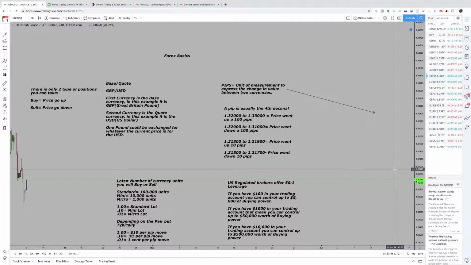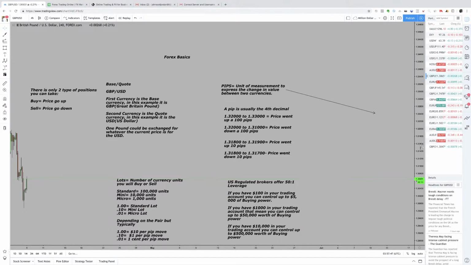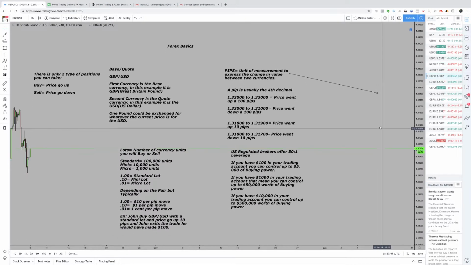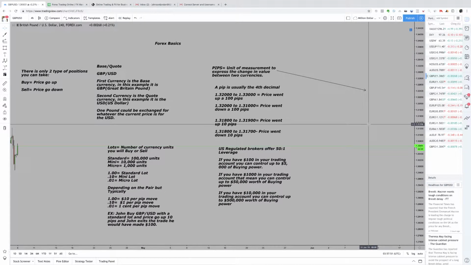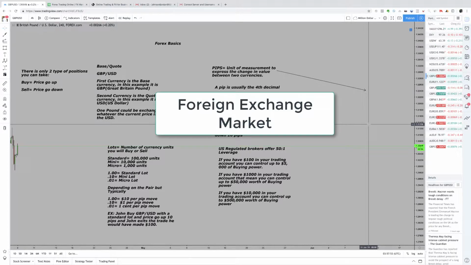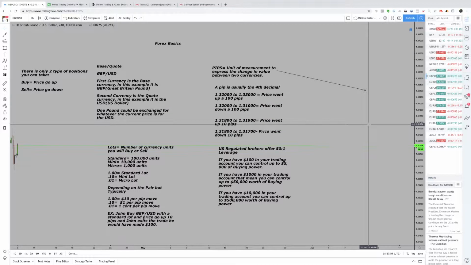So that's just basic knowledge of base and quote pairs. And just remember from the last lesson, what is Forex? Forex is the foreign exchange market. So it's just the exchange of money. So the price and values are always going to go up and always going to go down.